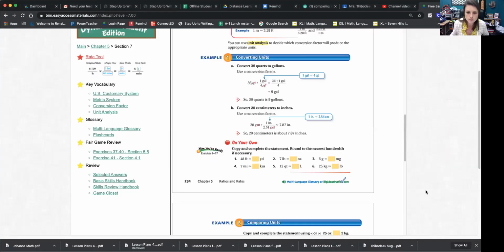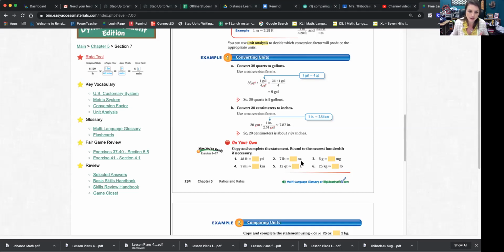So if I look at my problem here, I don't know if you guys can see that. Let me share my screen. Okay, so if you look at the problem here, it's 7 pounds to how many ounces? If I look at my conversions in the back of my book, it doesn't say 1 ounce equals so many pounds, but it does say that 16 ounces equals 1 pound.